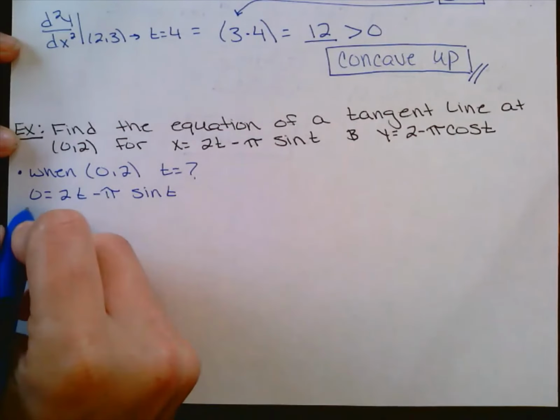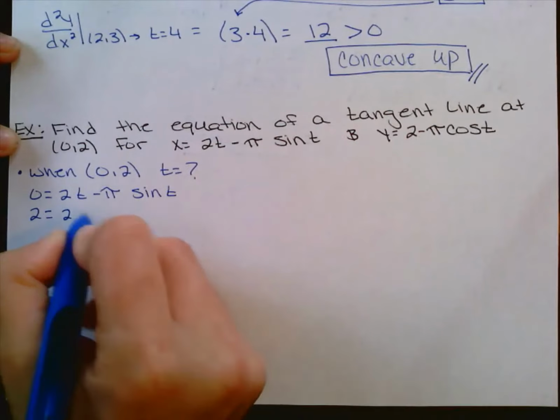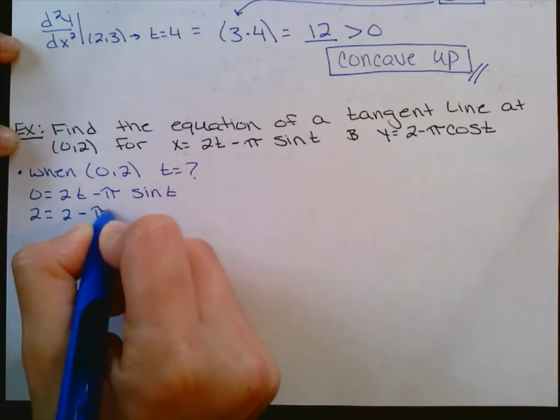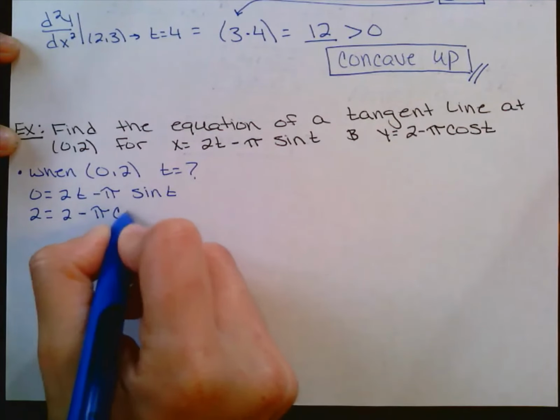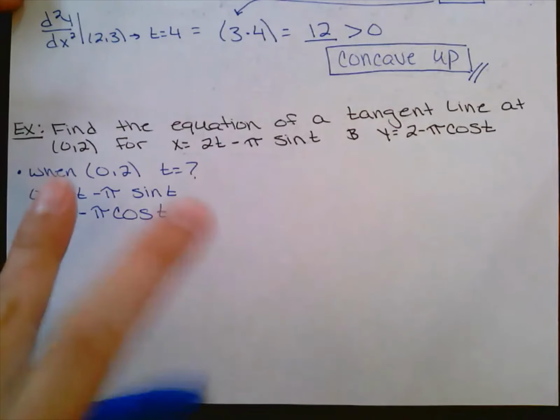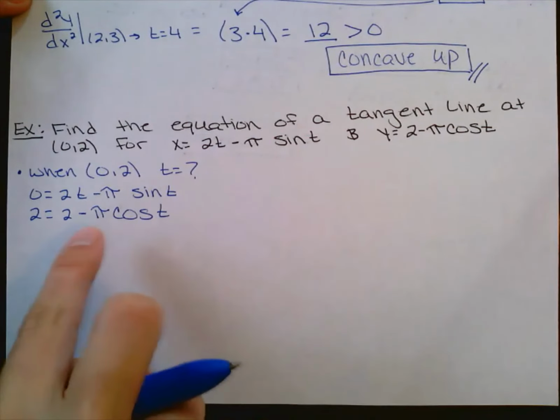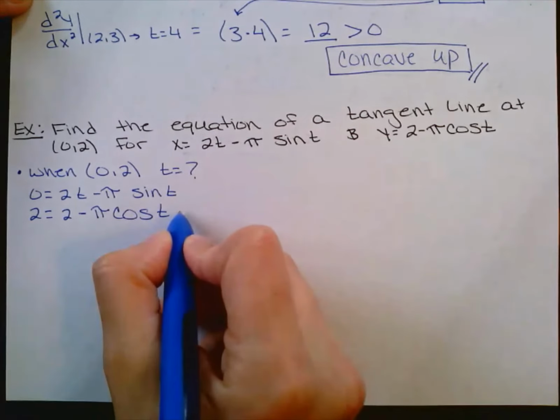And then my y value 2 is equal to 2 minus pi cosine of t. Now, out of these two equations, the first one has 2 t's and the second one only has 1. So it's probably going to be a lot easier to work with this first one. Excuse me, with this second one.